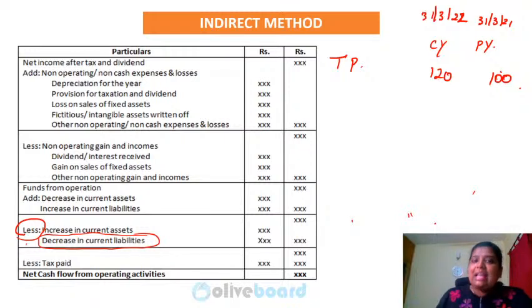That is the reason an increase in your current liability is shown as an addition to your funds from operation, because you have received goods and services to that extent, but you have time to pay. So this is how finance works, literally.